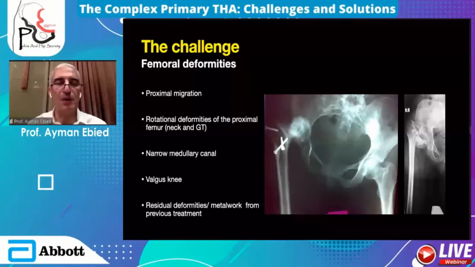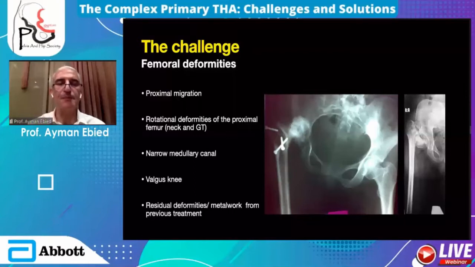In addition to the rotational deformities, there is a narrow medullary canal. Many of these patients present in their teens, and they have very strong cortex and a narrow medullary canal, which is part of the problem that we have to think of preoperatively and plan how to overcome.